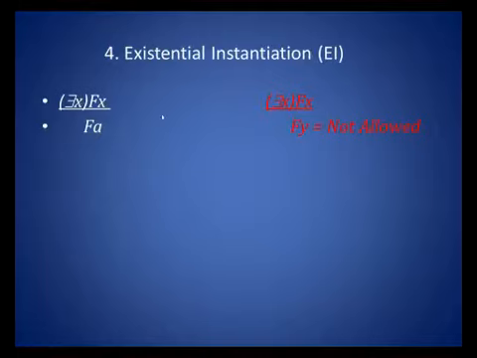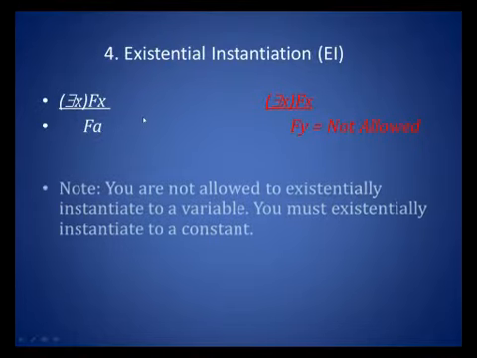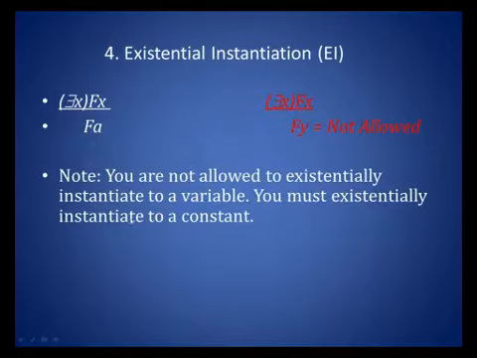In this case, the instance has to be a constant. So look over here on the right side. This is not allowed. I'm not allowed to take this existential statement, remove the quantifier, and then replace this variable with another variable. I must replace this variable with a constant, like I have here. So you're not allowed to existentially instantiate to a variable. You must existentially instantiate to a constant.